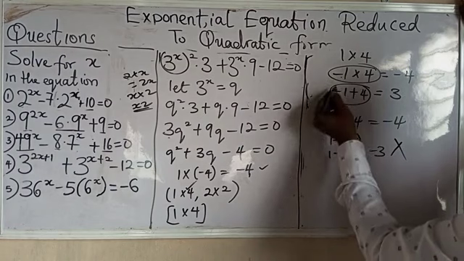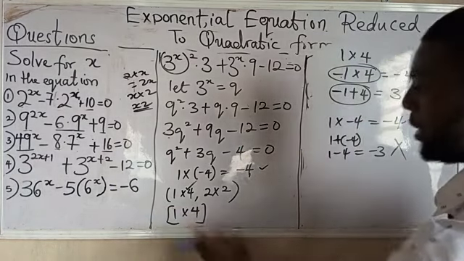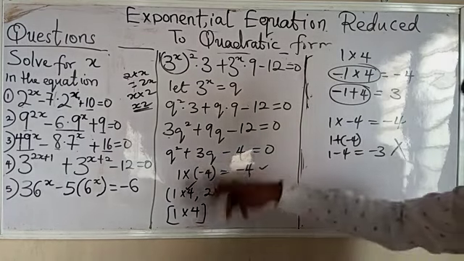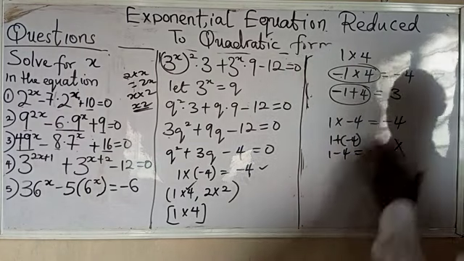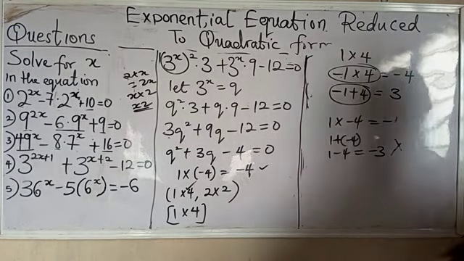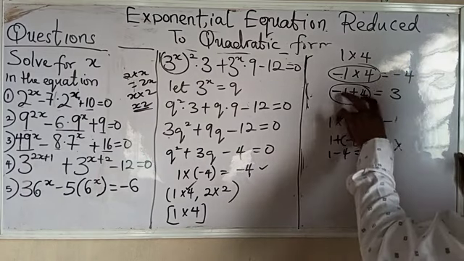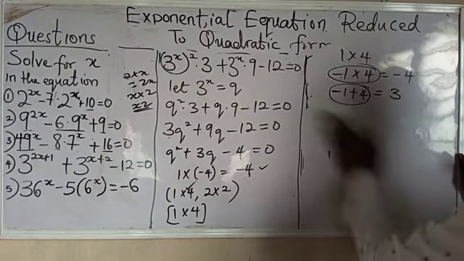So the right sign to put is at the other side. After finding the numbers, the next thing is just to work on the signs. So the two possible numbers are minus 1 and plus 4.